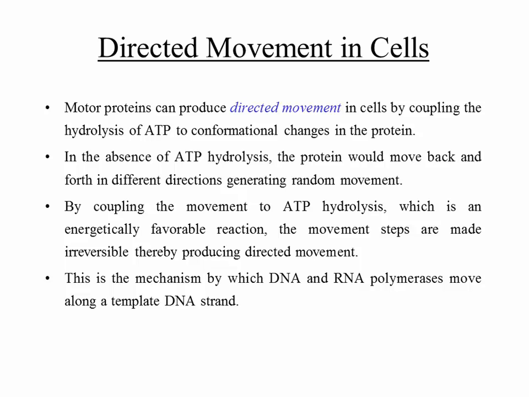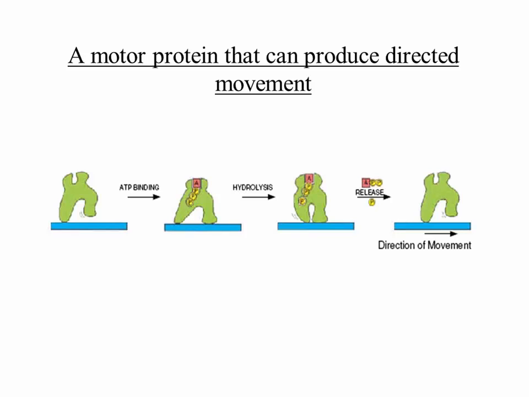Now I want to just finish this chapter by talking about how proteins can actually walk like you and me. And before I go through this text, let me just explain it through the picture. So here you have a protein on the left that is trying to walk. Usually it'll walk to the right, to the left, like a random walk.